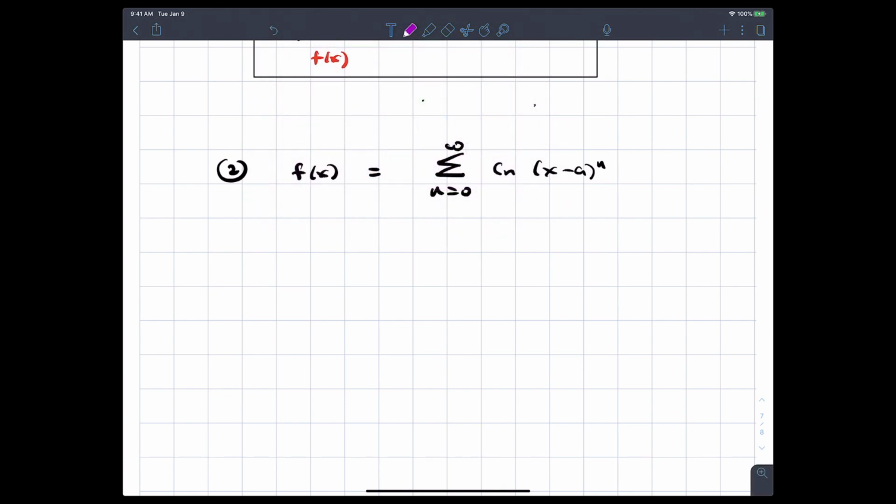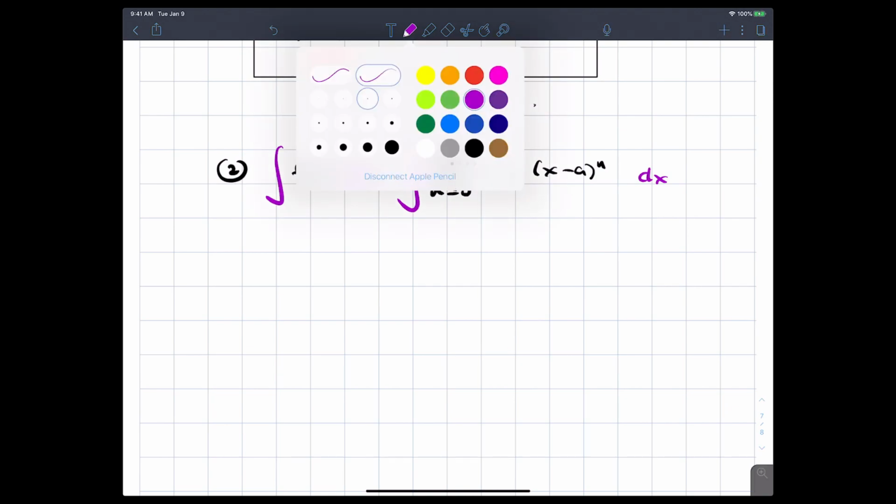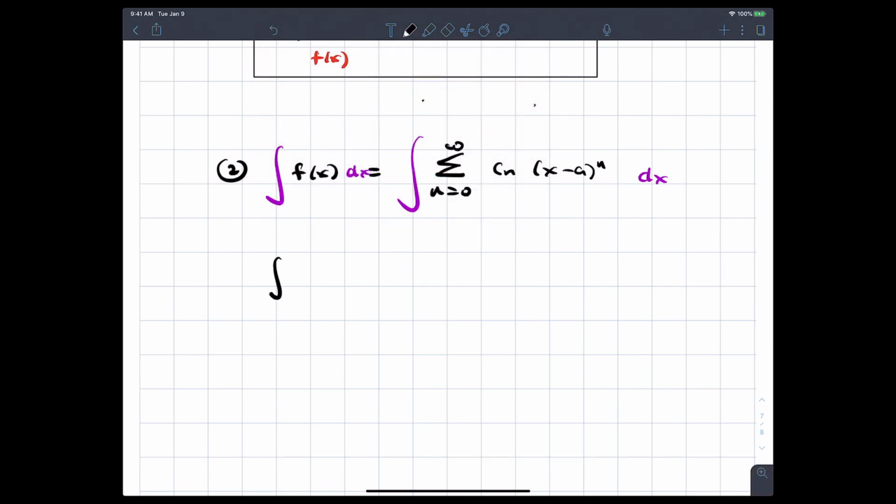We're going to integrate both sides with respect to x, so that we get the integral of f(x) dx. Using properties of integration, that the integral of a sum is the sum of integrals, we can put the integration symbol inside your summation, the integral of Cn, x minus a to the n dx.